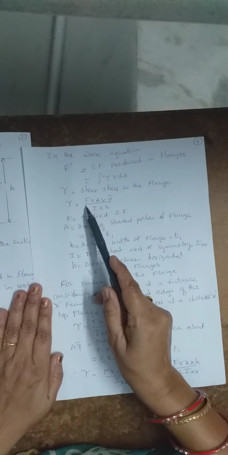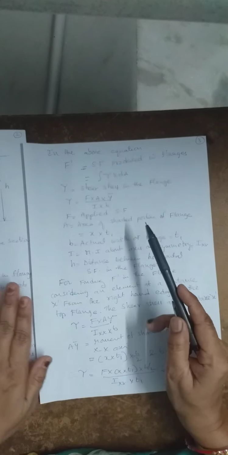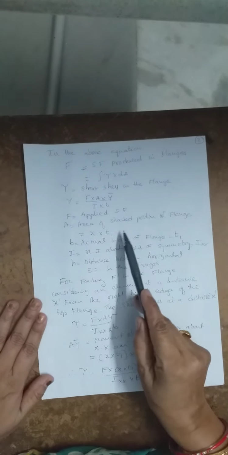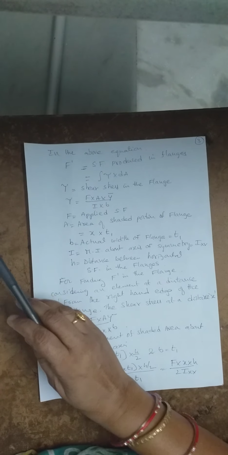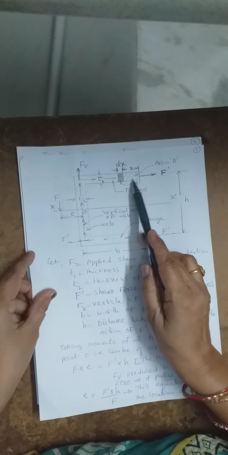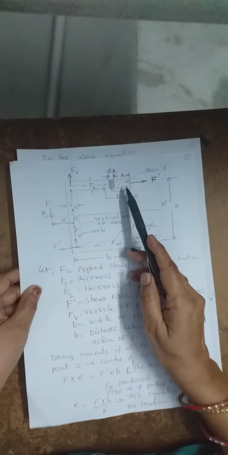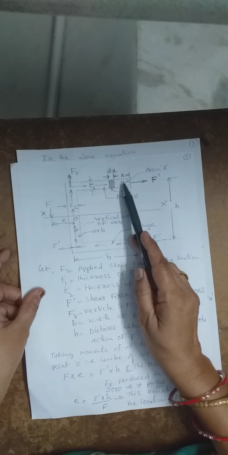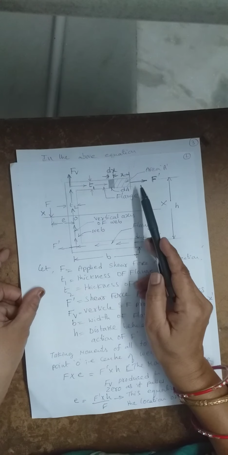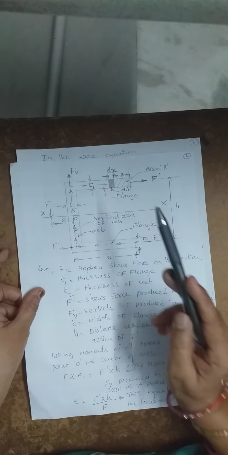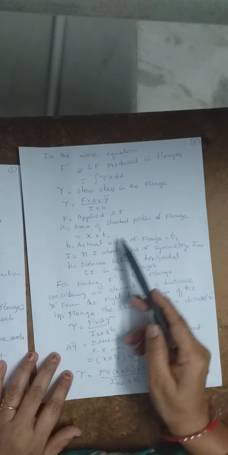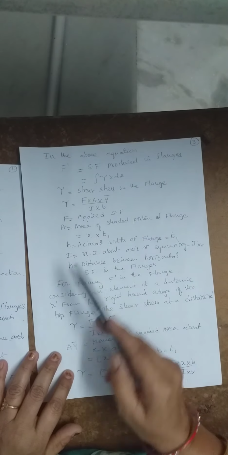F is the applied shear force and A is the area of the shaded portion of the flange. The shaded portion is at a distance of x from the right hand side, and this shaded area is dA, with width dx. So the area of the shaded portion of the flange is x into T1.